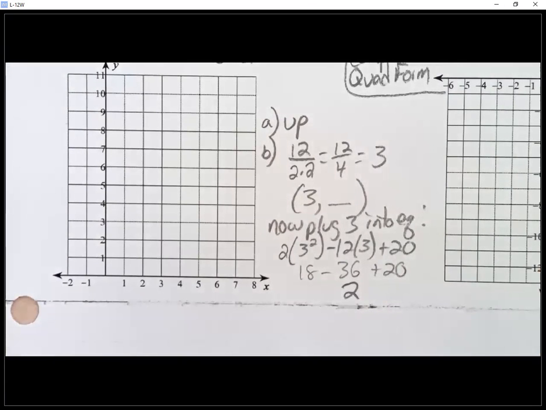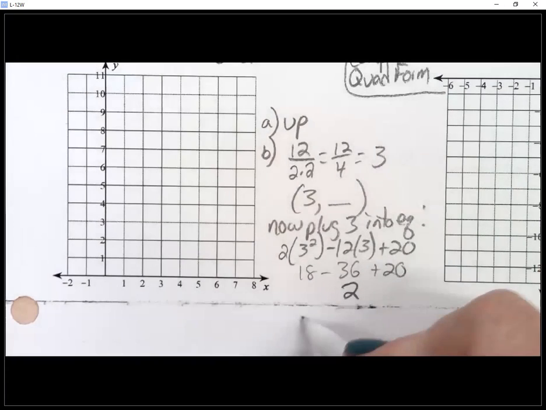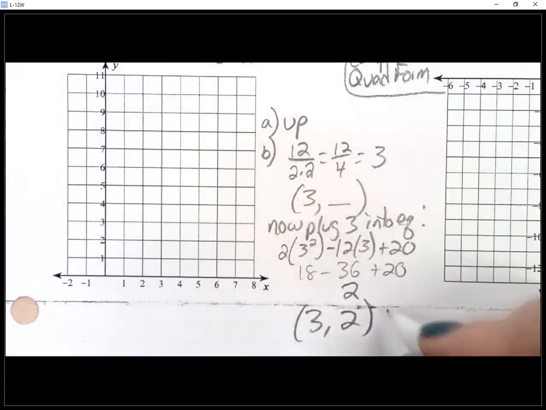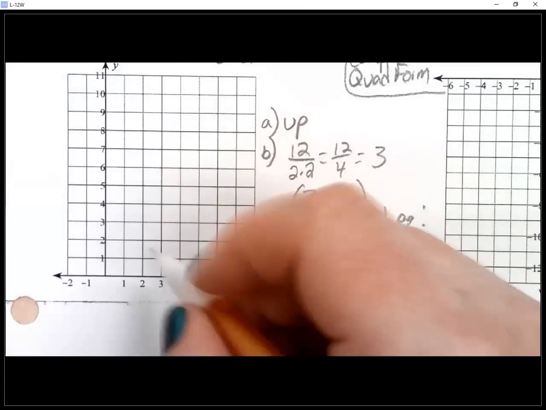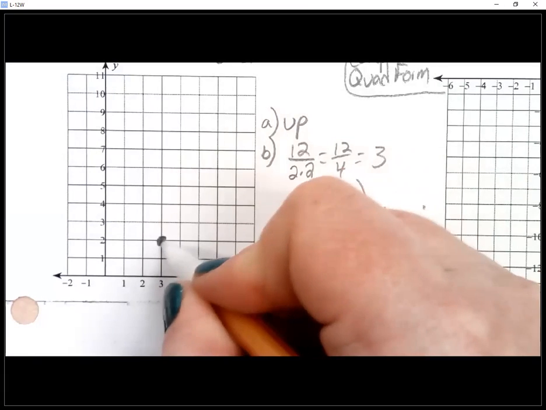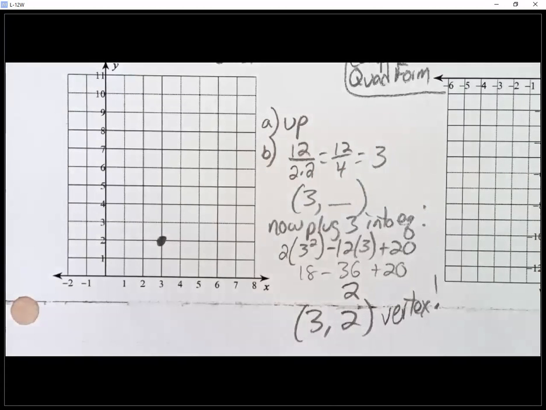Double check me. Am I right? Is it 2? Yeah. Okay, cool. Now I know where my vertex is. So now I know it's at 3 comma 2. Yay. So in fact, if I want to put a dot at 3 comma 2, I already have my first point on this parabola. Yay.